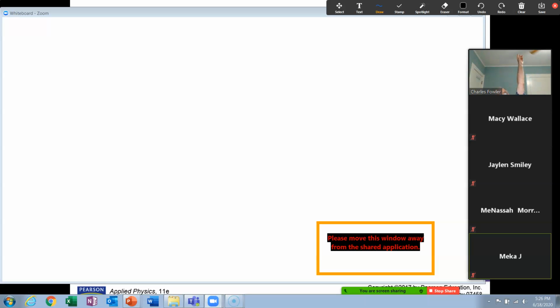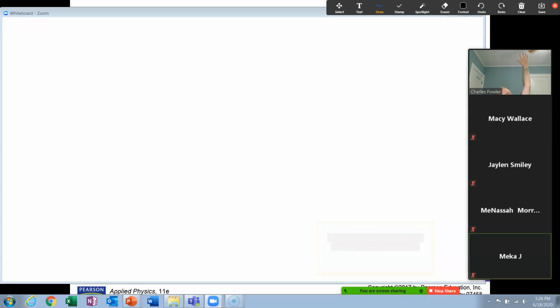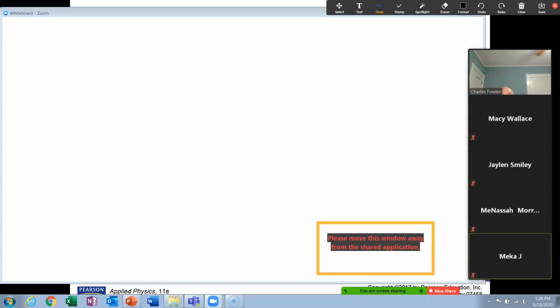Except 400 meters is way, way, way up there. If you think about this, this room that I'm in now is about 3 meters tall, okay? So it would take approximately a 3-story building to make a 10-meter drop, okay?